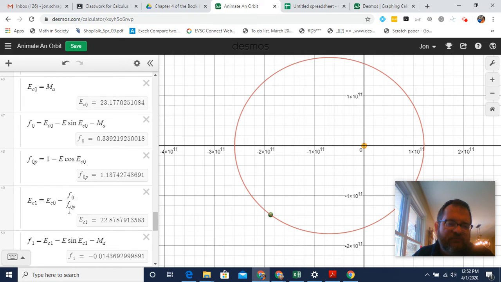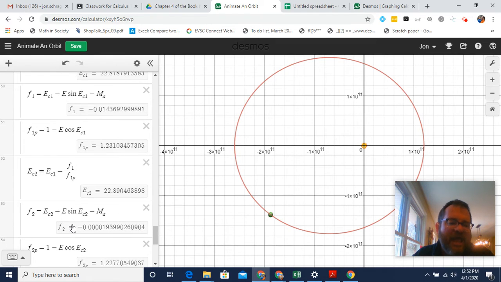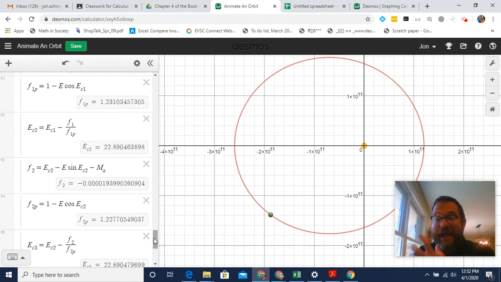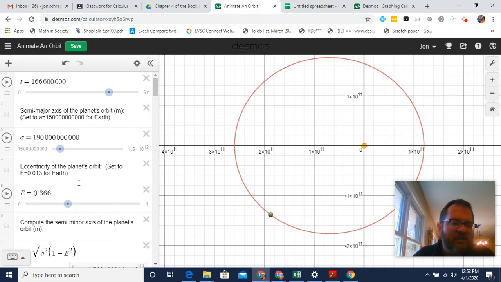But this equation should look familiar to you. Our first guess of the eccentricity will be our initial guess minus f over f prime. And in fact, you can see that our second guess was equal to the first guess minus f over f prime. And I had to repeat that process enough times to get it to work.